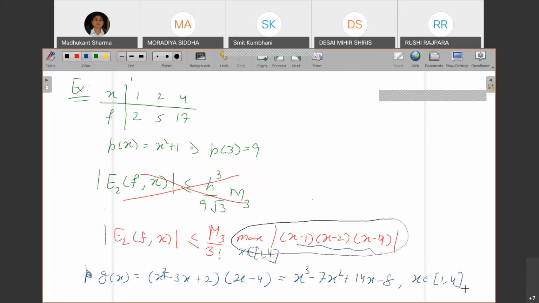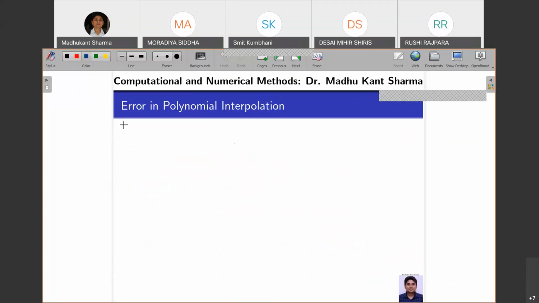For the critical points, you have to find x such that g dash of x is 0. If you differentiate the cubic polynomial, the expression is 3x square minus 14x plus 14 equal to 0. This is a quadratic equation which you can solve.